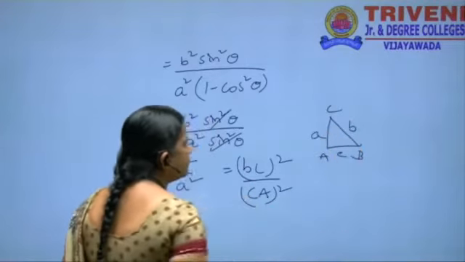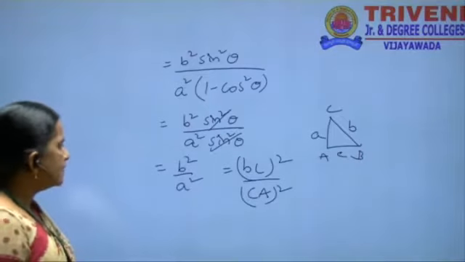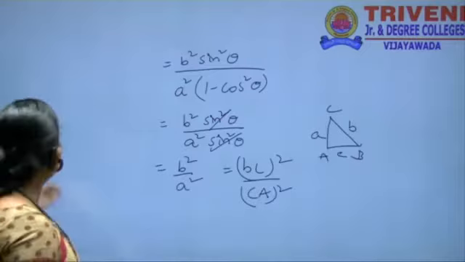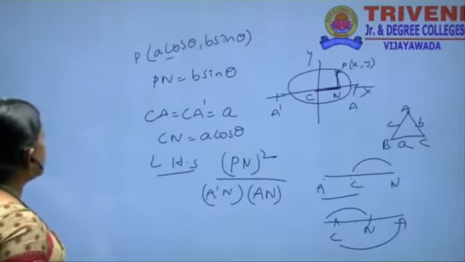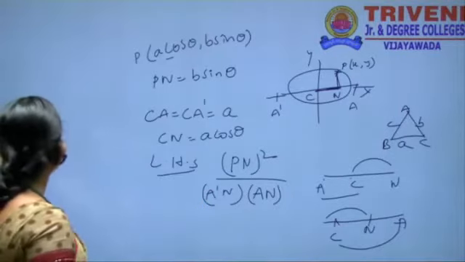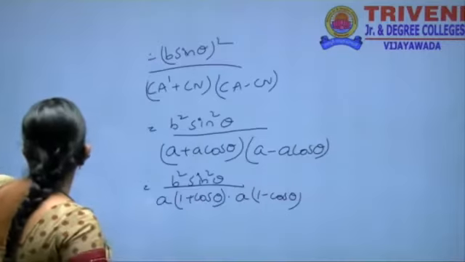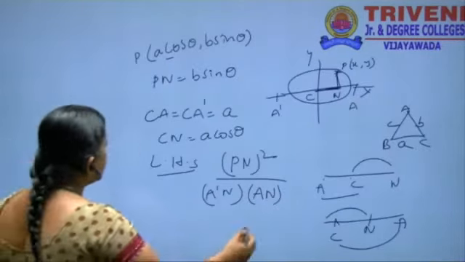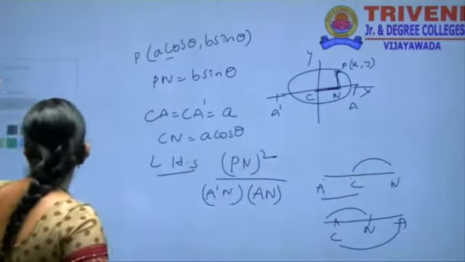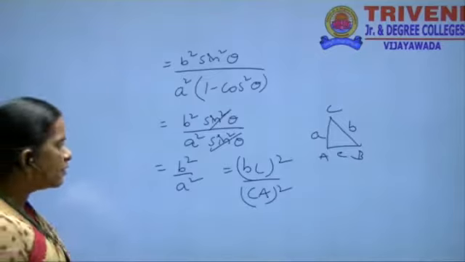The distance BC squared is b squared, the distance CA squared is a squared. Okay, this is the proof. We have proved that PN squared by A'N into AN is BC squared by CA squared.